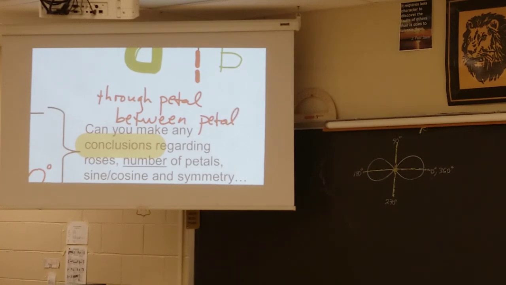And that is guaranteed to happen every time you have a rose. It'll go through the petal and between the petal. The first rose we did it counted both times. The second rose we did, we had to come up with a new line. So we ended up with double the amount of answers. But you always want to look to see if it goes through and between.